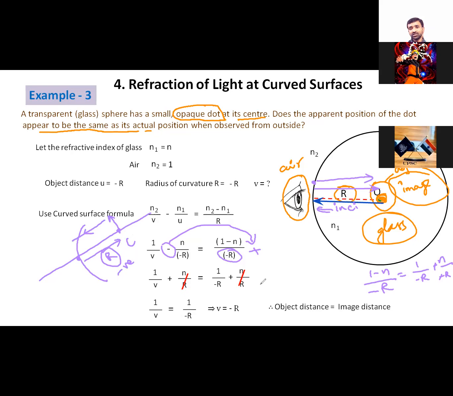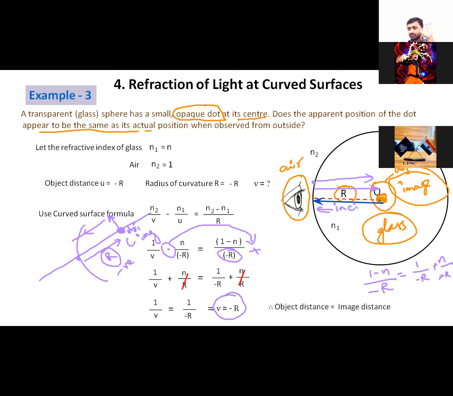So I got the image distance with a minus symbol. So where do I have to measure? Towards the right side only. So your object is at distance R and the image is also at distance R. So both are located at the same spot or not? Are you following me?